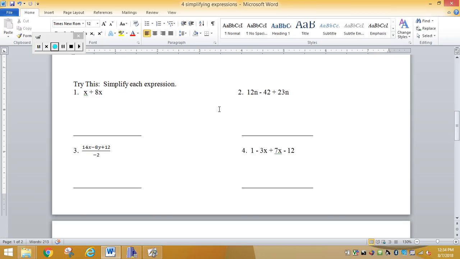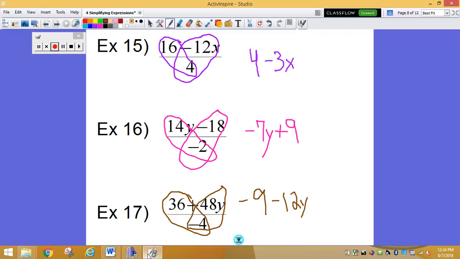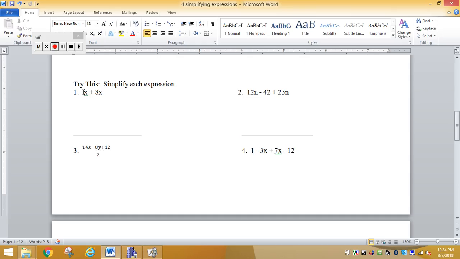Let me give you some hints, some things that I didn't cover. Right here, if there's just an x, what I would do is I would put a 1 right there. So then what you're really adding is 1x plus 8x. Here also, I didn't include one like this when there's 3 things on top.